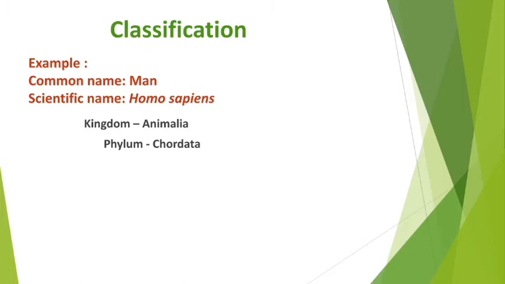Now next what happened, again the grouping is done. That next group we will call a class. In chordata, again they are grouped into some classes. Then we came to know that we fall under the class mammalia. That means we are mammals.